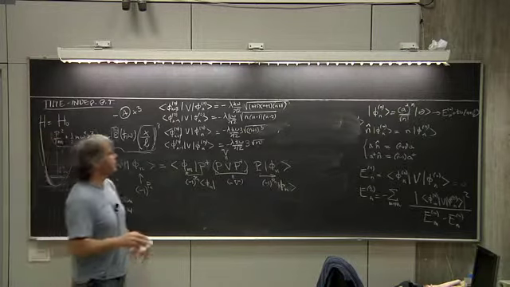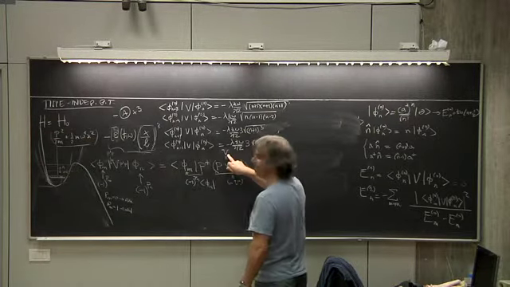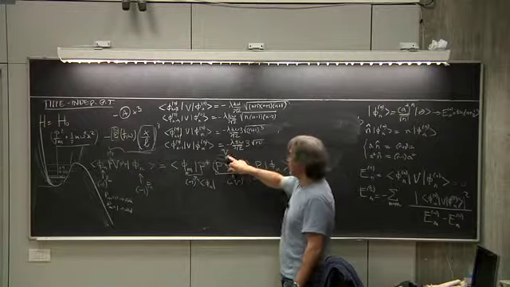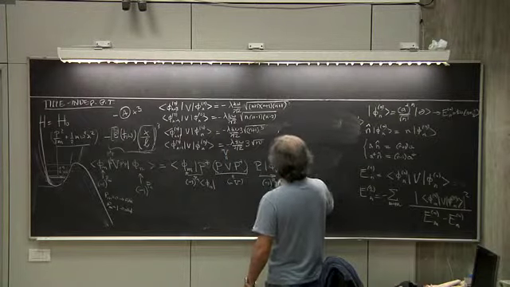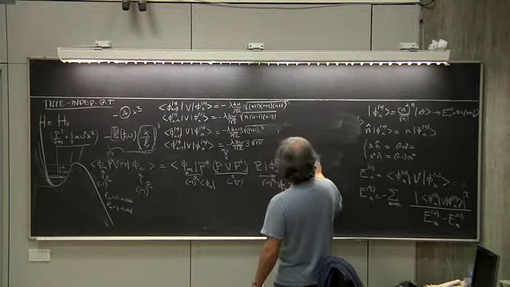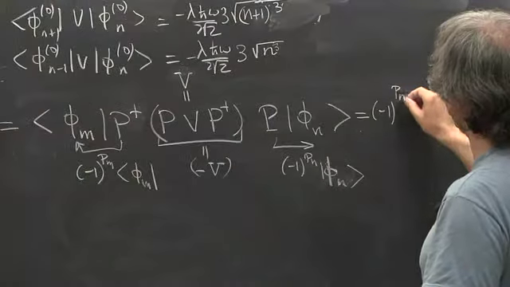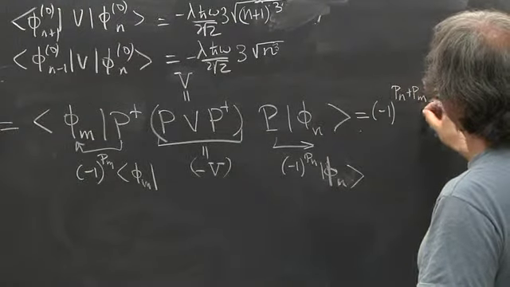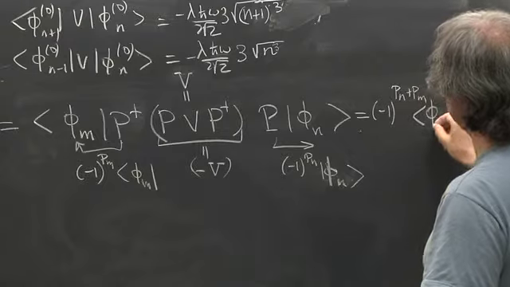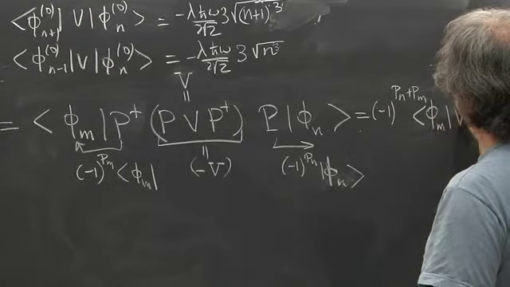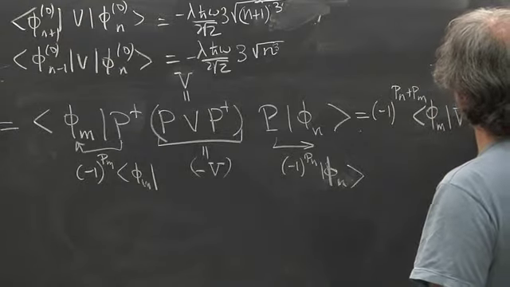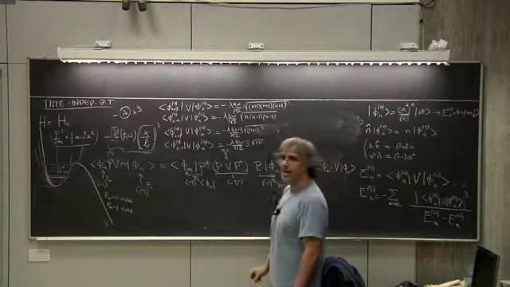Now, look at this thing. Suppose that you have an even parity object, okay? Then this thing will be equal to what? -1 to the Pn plus Pm times phi m V phi n. Okay?